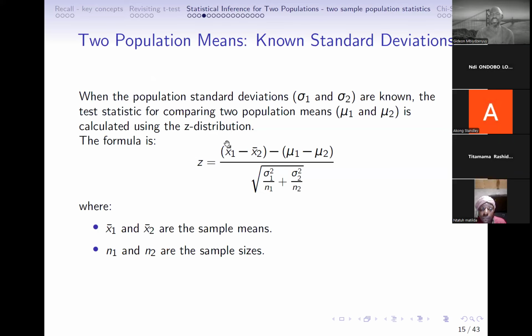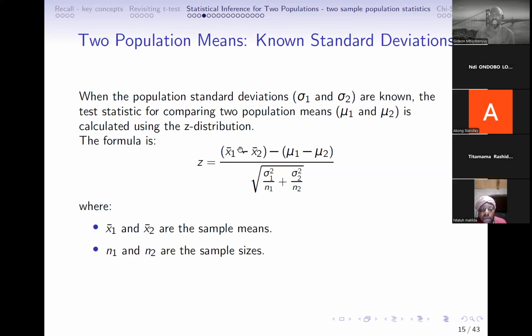So this is the distribution for the case of two populations. We are asking about the difference in the sample means, the difference in the population means, and the standard deviations of the two samples. It is a very logical expansion of what we've seen before, just that we have the difference minus the difference.